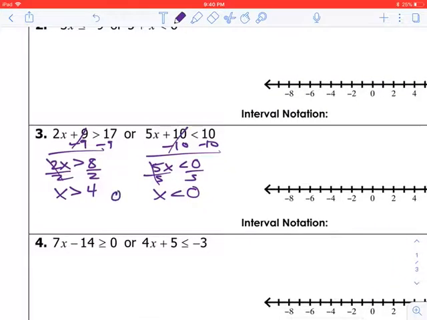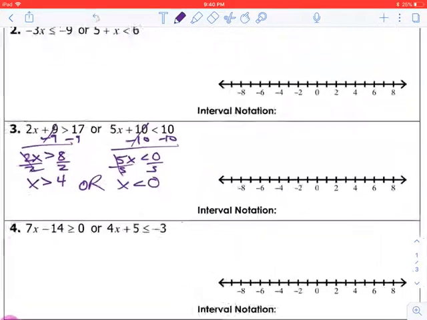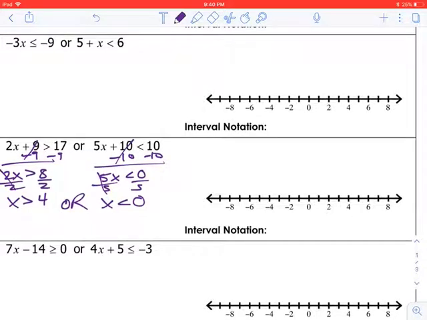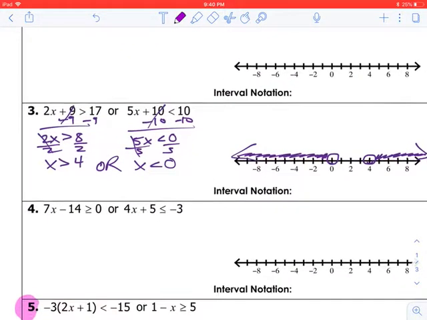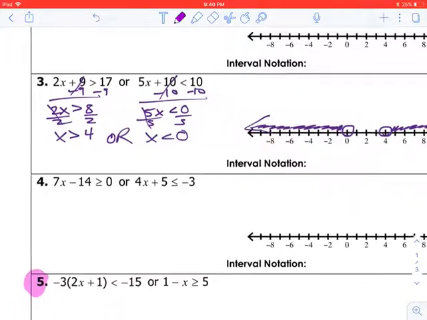So, "or" statement. I've got x is greater than 4, so that's an open circle on 4 going to the right, and then less than 0, open circle on 0 going to the left. And so there's my solution. All right. So pretty easy. Just keep in mind that you're going both directions.